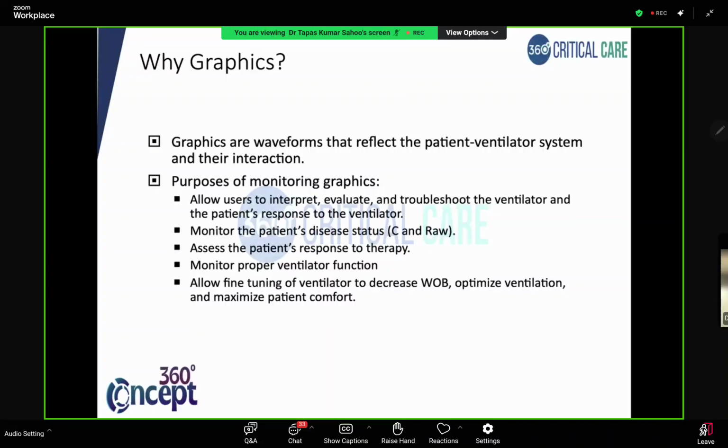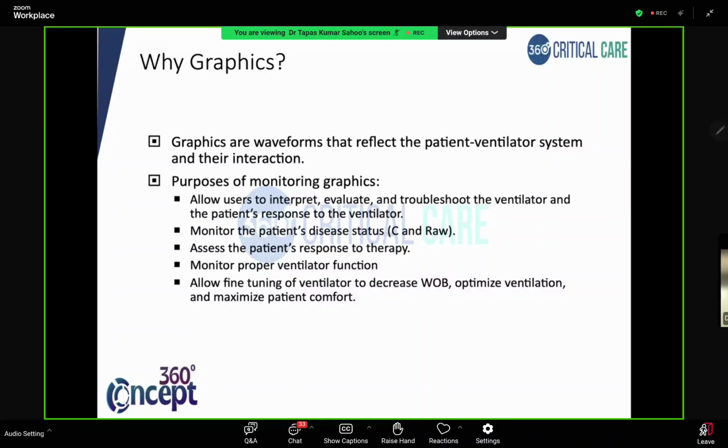The purpose of monitoring the graphics is to allow the users to, number one, evaluate and troubleshoot the ventilator and the patient's response to the ventilator. It's not only the ventilator, but how the patient is behaving to the ventilator.